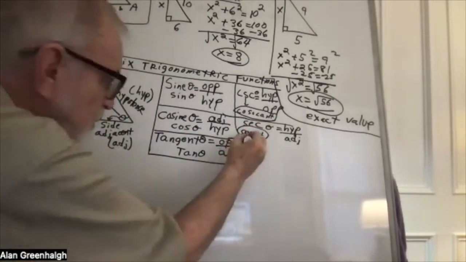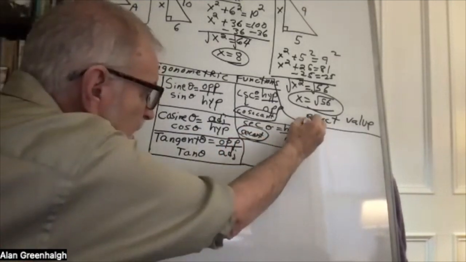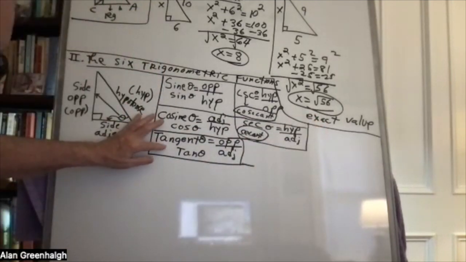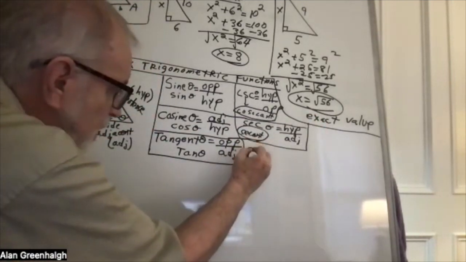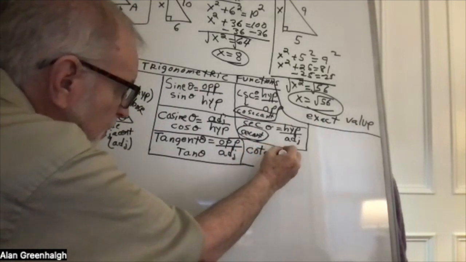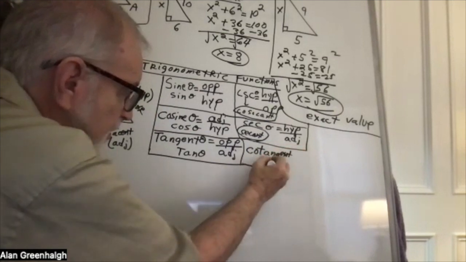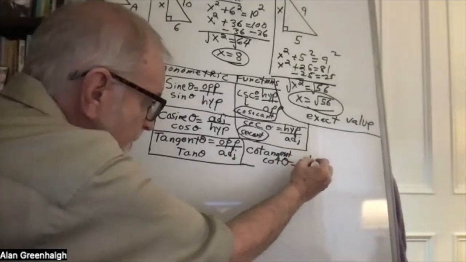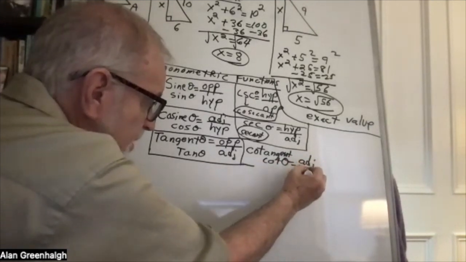Let's just focus on that for the current moment. And the reciprocal of tangent is called cotangent, which can be abbreviated COT, and that will be adjacent over opposite.